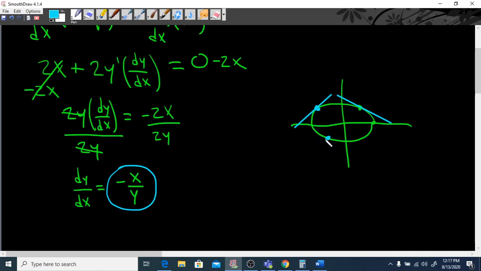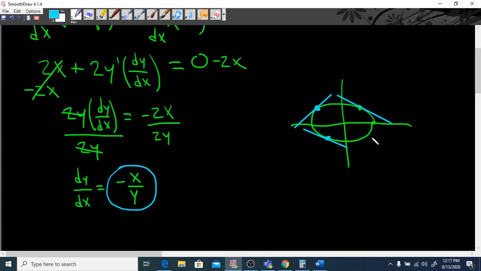Let's keep going. In the third quadrant, if I draw a tangent line, we can see that the slope is negative. In the third quadrant, x and y are both negative, so negative over negative is positive, but with the negative sign it's negative, which is what we see.